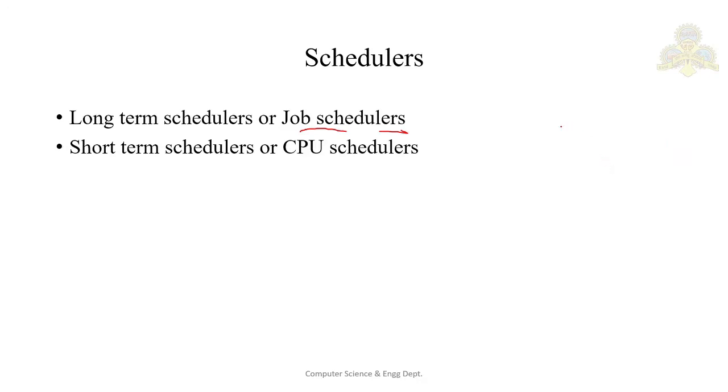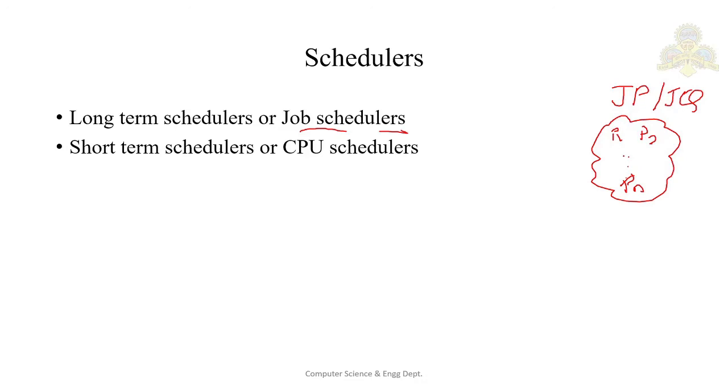Let's get back to this picture, where it is called the job pool or job queue. This job pool will have multiple programs or processes, up to Pn. Typically they are stored on the disk, and that disk we call the job pool or job queue.